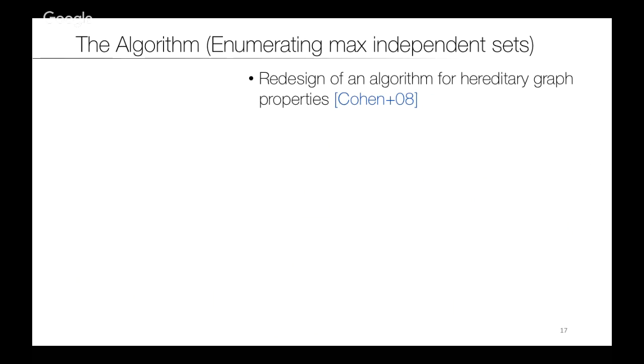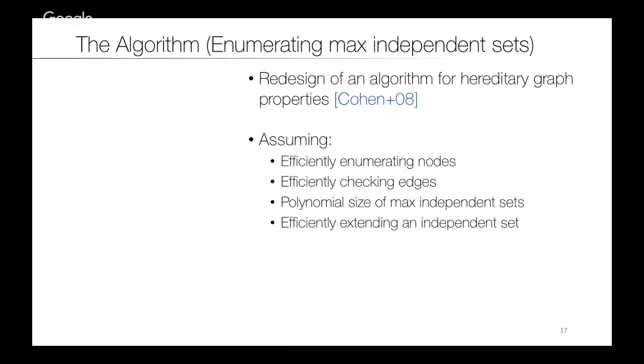So it's a redesign of an algorithm for hereditary graph properties by Cohen et al. And of course, we need some assumptions to be able to do that. We want to be able to enumerate the nodes in polynomial delay. We want to be able to check whether an edge exists between two nodes in polynomial time. We want the size of every maximal independent set to be polynomial.